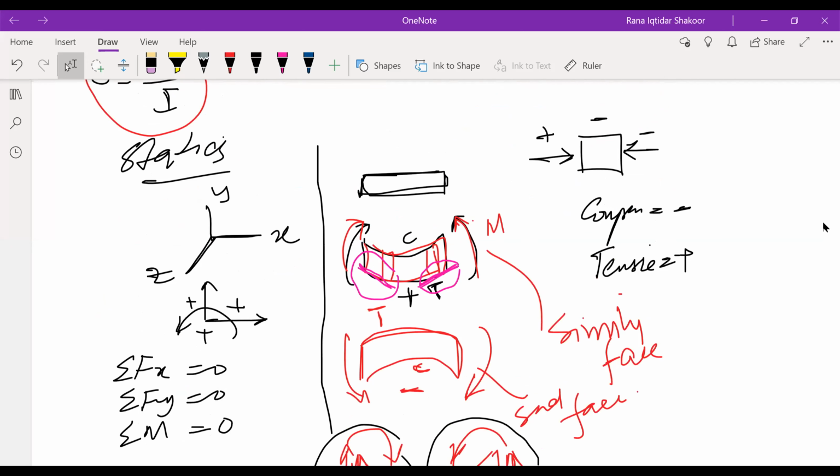In the static part, we have the x-axis, the y-axis, and then the z-axis. These x, y, z axes are basically the positive axes. This is positive x, and this is positive y. A force in this direction is assumed to be a positive x force or positive y force, and this is basically the positive moment, that is, counterclockwise.